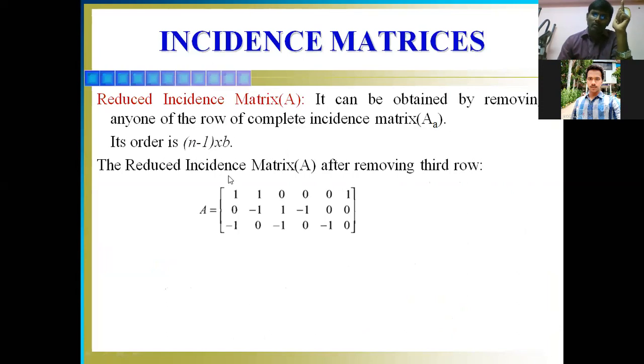Here this is a reduced matrix after removing the third row of the previous matrix. We can remove any node, not only the reference node. If you remove the third node, you can take the third node as a reference node, and all the remaining are active nodes.